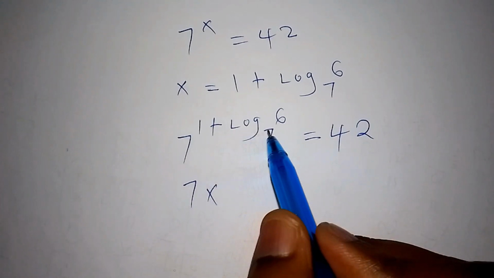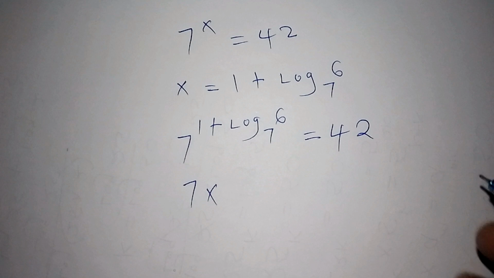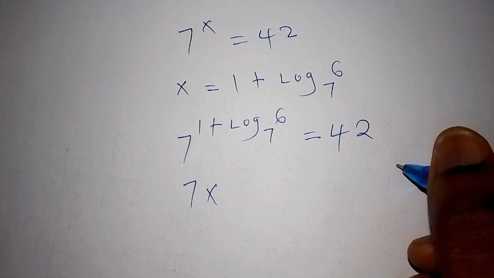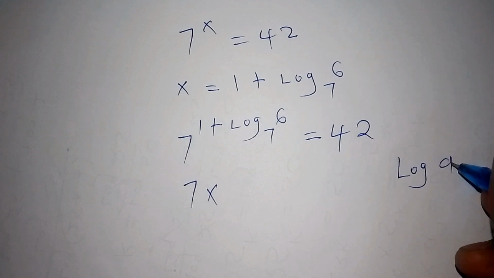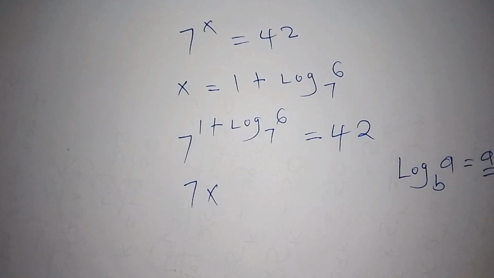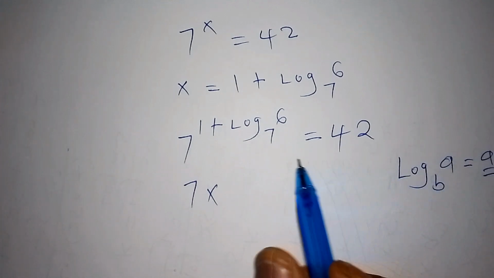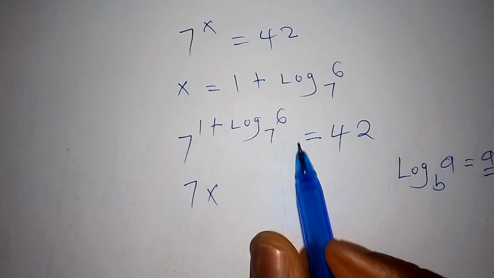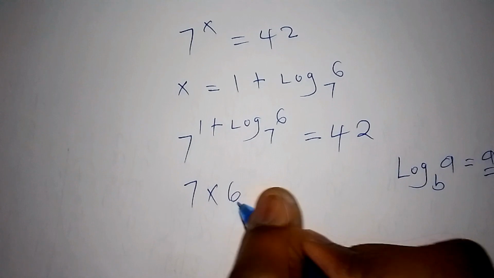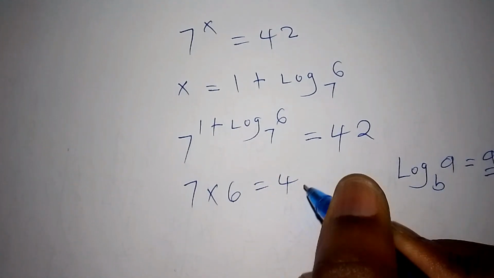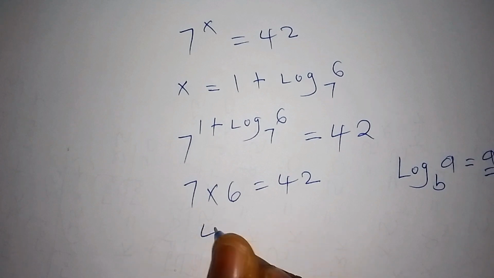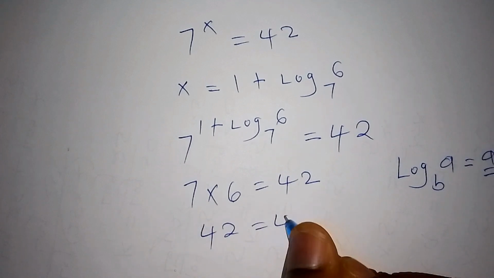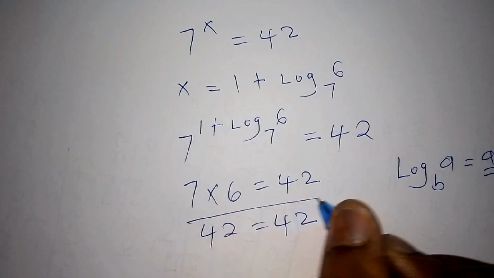Similarly, when we have something like the log of a to base b, our answer shall be a, so the log of 6 to base 7 is 6. Now 7 times 6 is 42, equal to 42. So we are indeed correct.